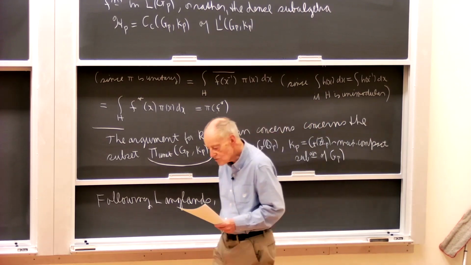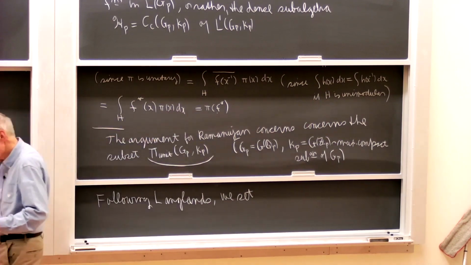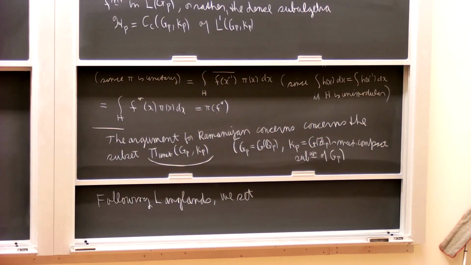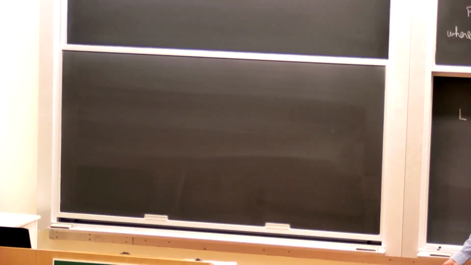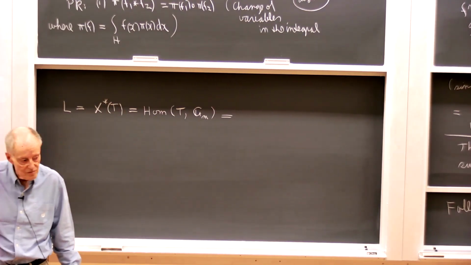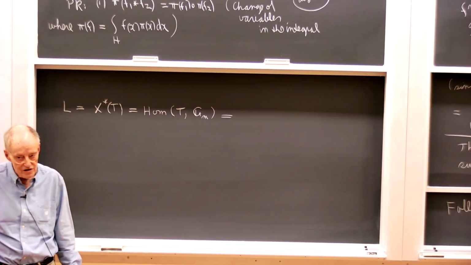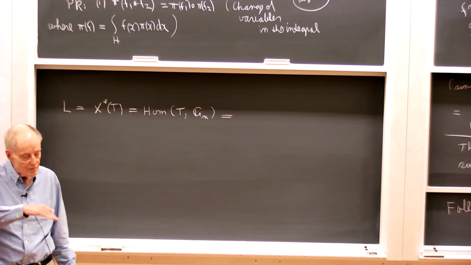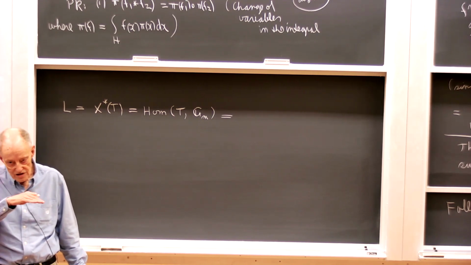This rules out, for example, for GL2, you have the principal series, the unitary principal series that are induced from a unitary character on a Borel subgroup. You also have some other ones. They arise in two different kinds of way, but there's something called the complementary series.